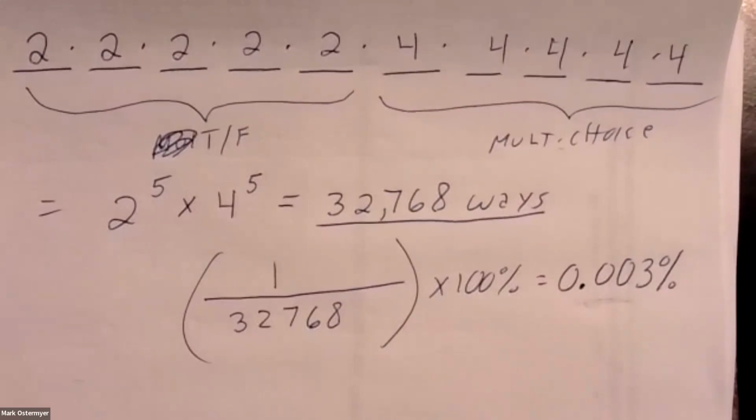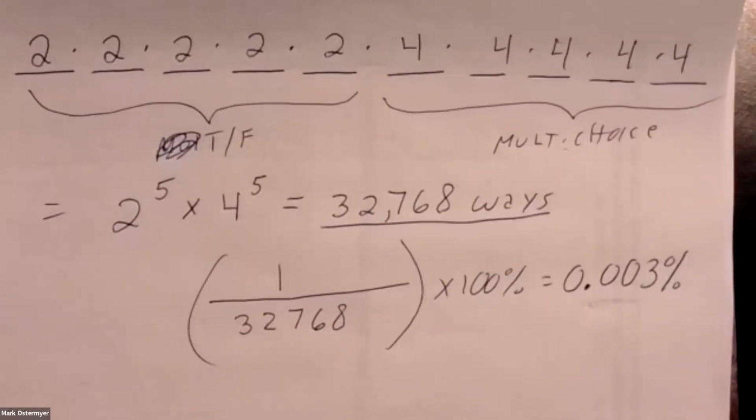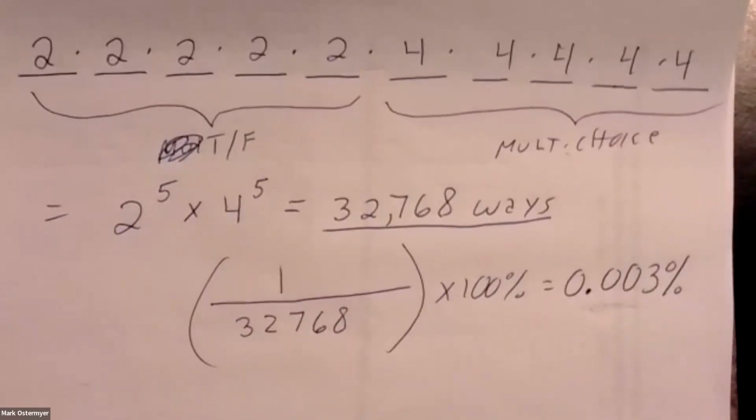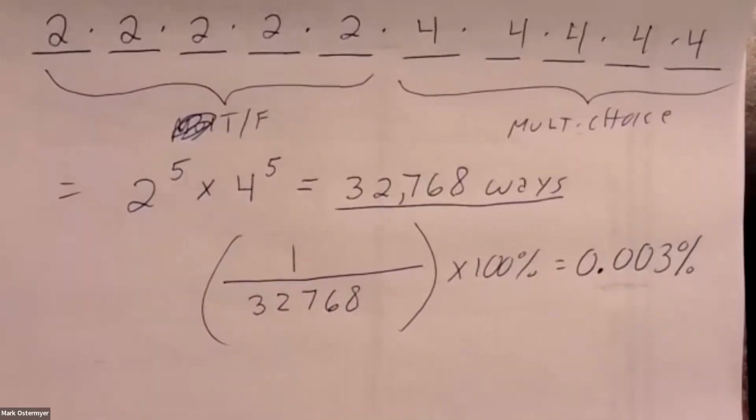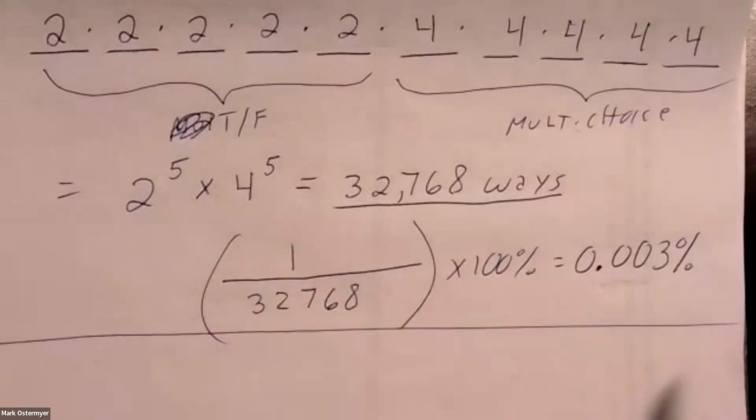So yes, the chance of purely guessing, ladies and gentlemen, and scoring 100% is extremely rare, as you can see. You have a better chance of probably just not even taking the exam. Do you agree? Yeah, so it's obviously wise to study a little bit for an exam.